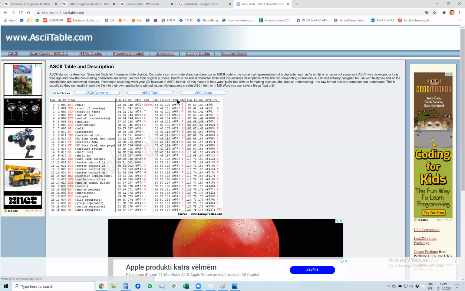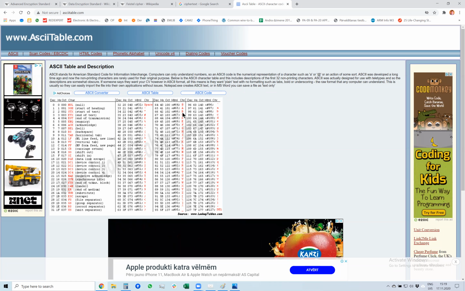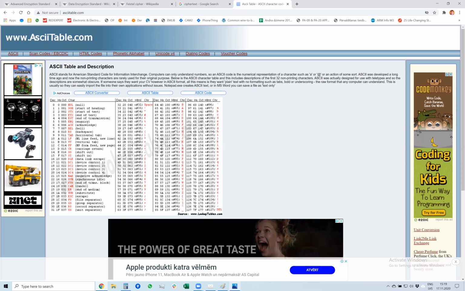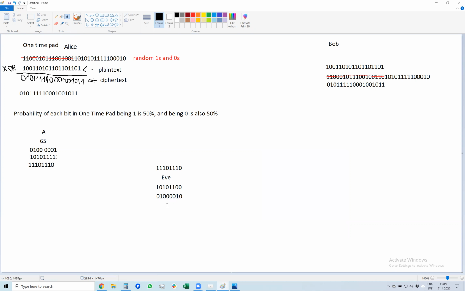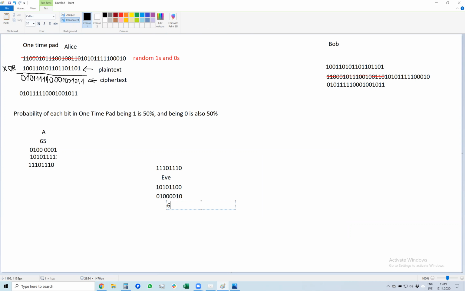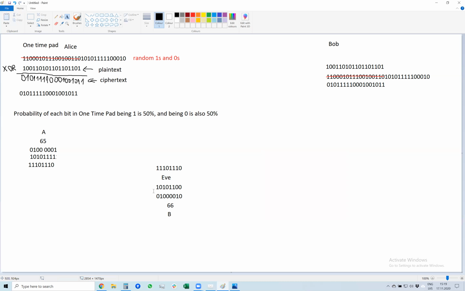She goes to the ASCII table at 66, which is letter B. So Eve, by using a wrong one-time pad, by guessing wrong the last 2 bits, got the wrong letter. Alice sent letter A, Eve used the wrong one-time pad, and she got a wrong letter B, right?